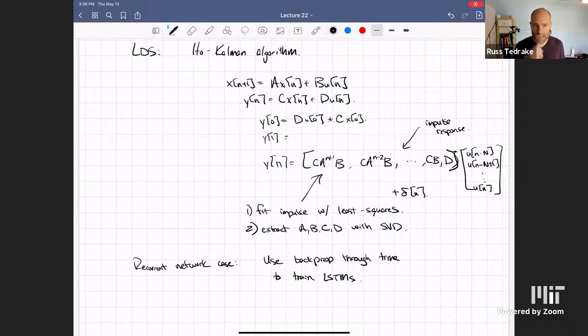But in that case, some of the magic is gone. So sorry, there's new magic, which is that you can fit crazy complicated different systems, okay? But the SVD magic is lost, right? There's really not a notion, to my knowledge, of finding the minimal realization of the system, or discovering how many states you need.